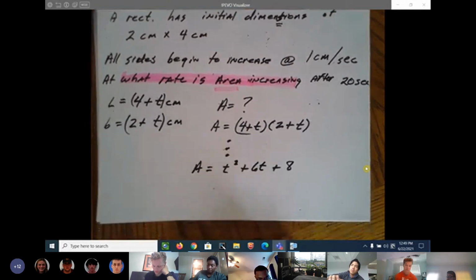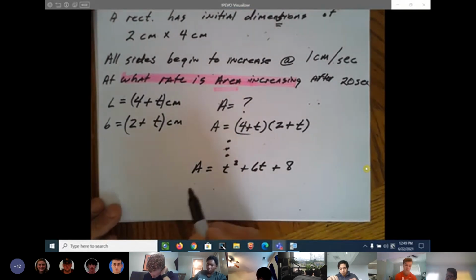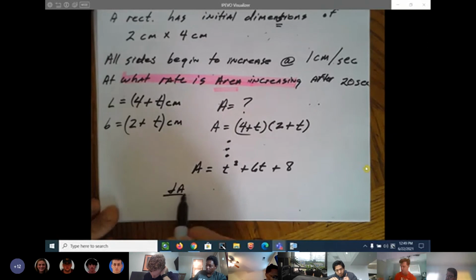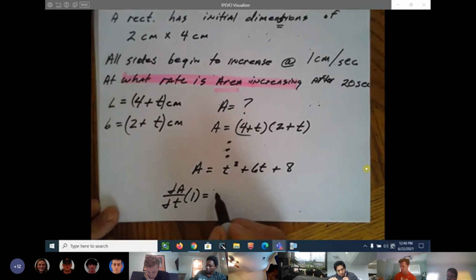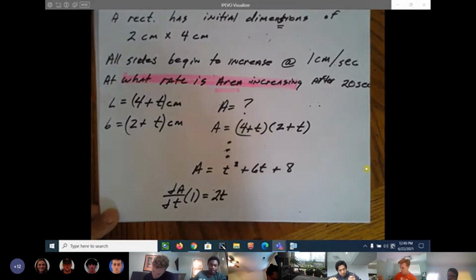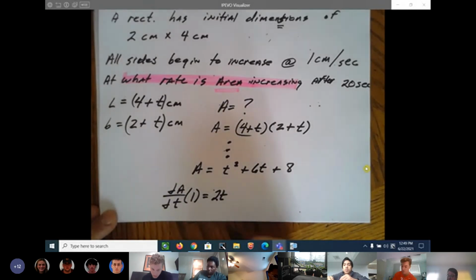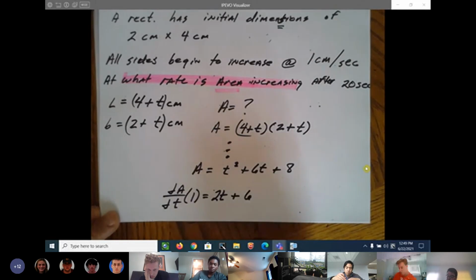Let's take the derivative. That's going to be dA/dt equals 2t times 1. And since we are taking the derivative of t with respect to t, we don't have to worry about implicit differentiation. So plus 6, and that's it.